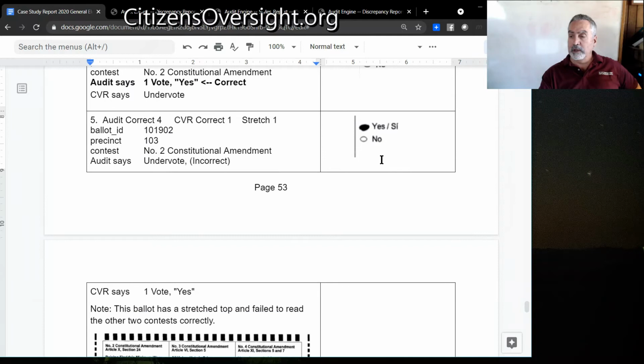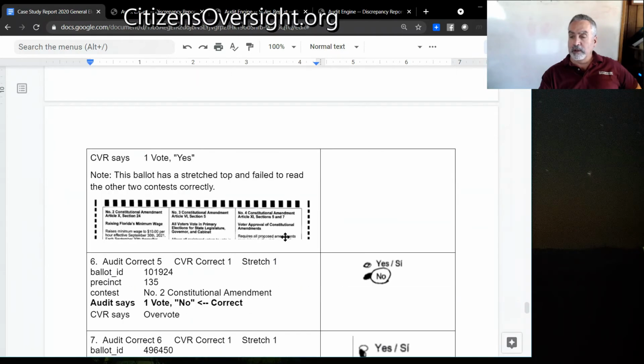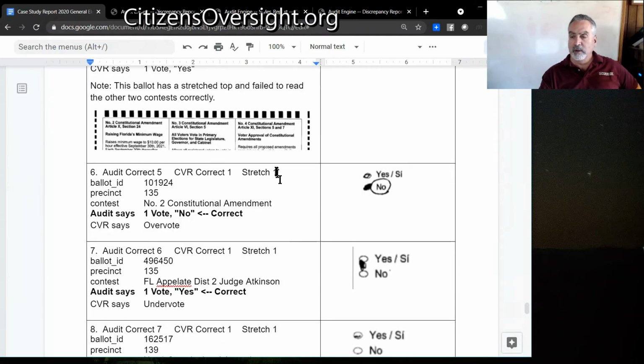All right, this one here, we didn't get right because of this big stretch. So we would want to reevaluate this whole ballot and make sure that we got that right because of the stretch. We may be adding in an unstretching or a way to deal with this stretch business, but still we're going to be marking these for review because it's kind of hard to deal with the disruption of the ballot.